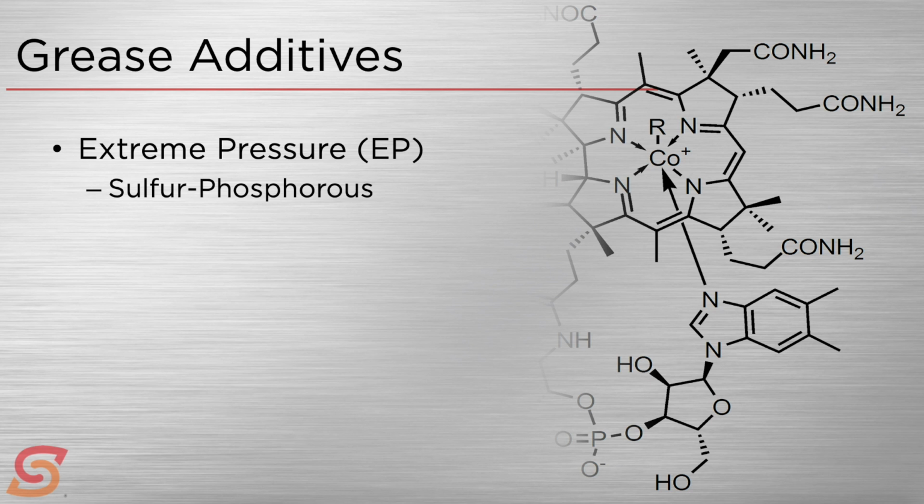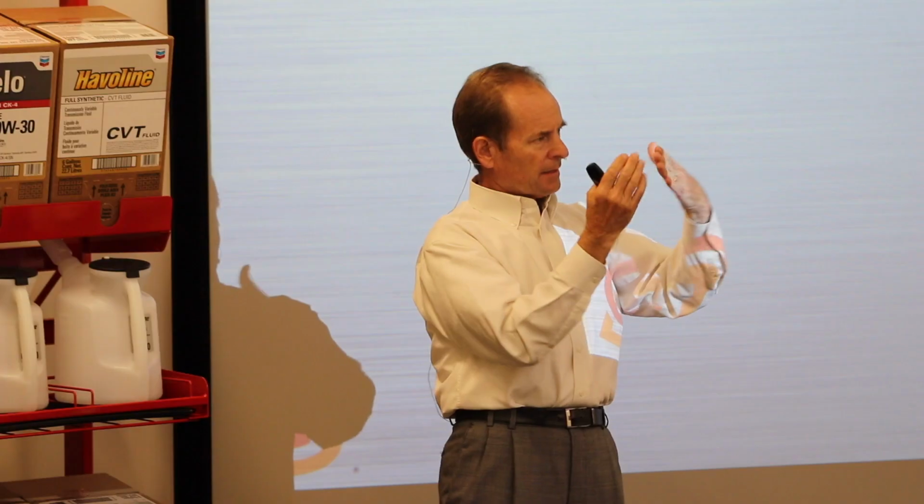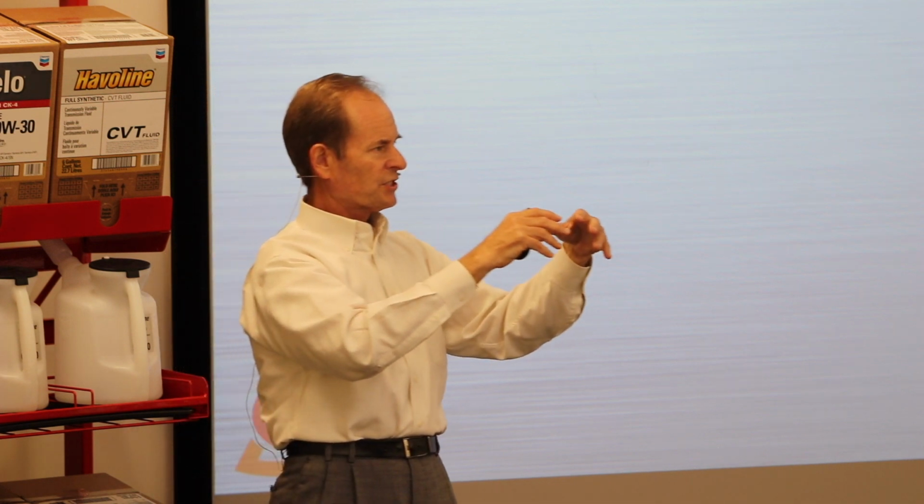And when you get some metal-to-metal contact going on between bearing surfaces or between gear teeth surfaces, something like that, little peaks on the metal surfaces start to heat up. And when they heat up, the EP additives react with it and make a sacrificial surface on the heated up parts.